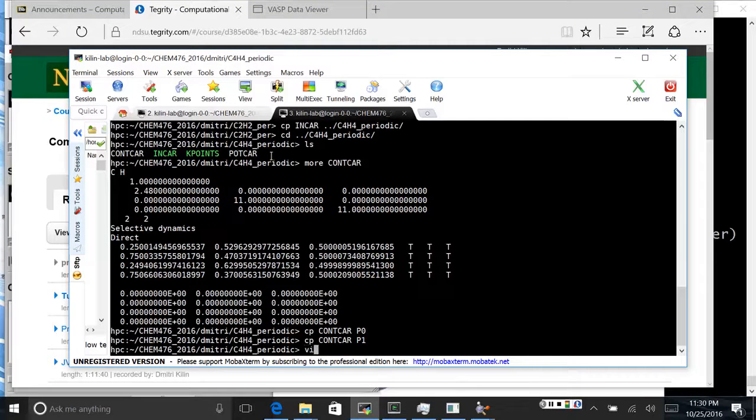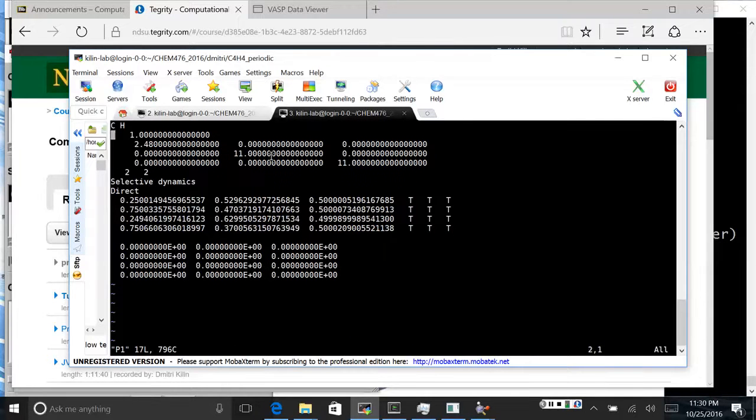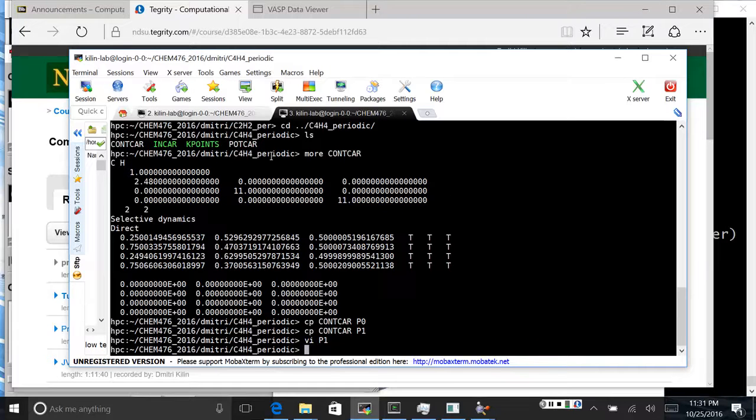I'm going to look at P1, and you see the fractional coordinates are changing from 0 to 1. Therefore, they stay within limits of the cell size. But if I insert a shift by 1, it will mean that I'm going out of the box, so it will be shifted by the size of the unit cell.